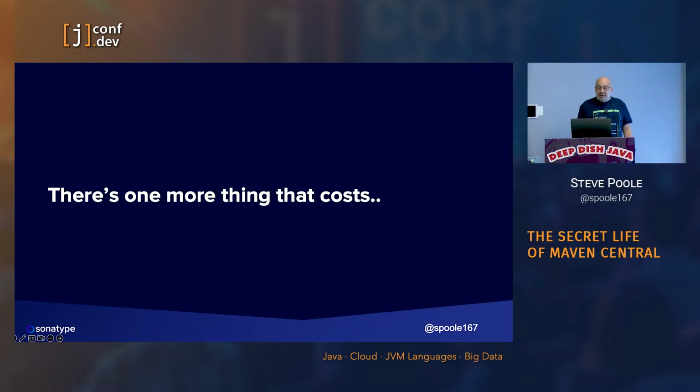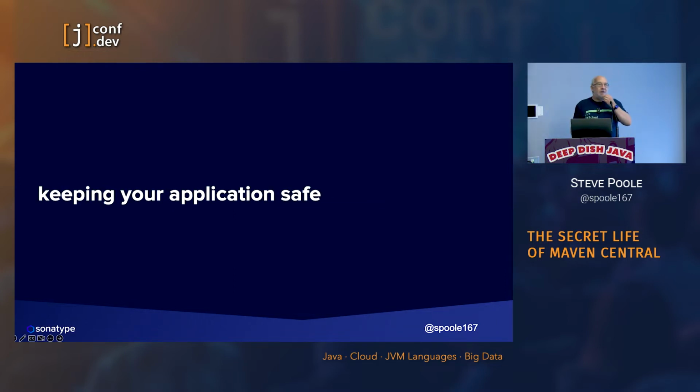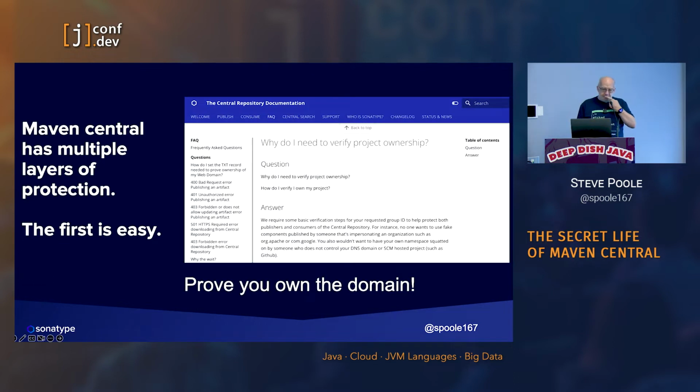Okay, so there's something else that costs money, right? And that's keeping your application safe, because there's something else that Maven Central does for you that you may not spot. So there are layers of protection.